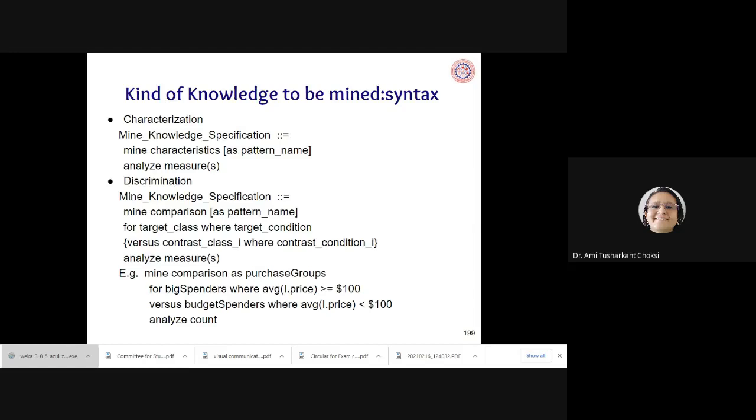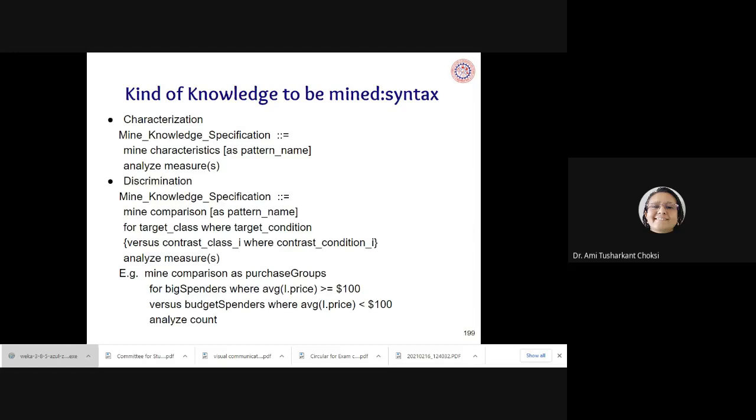Whatever our condition is, the thing is that average i.price is greater than or equal to $100. So those people will be considered as the big spenders, versus budget spenders. People who have fixed budgets when they are spending.